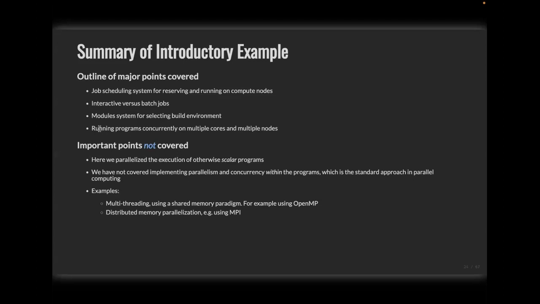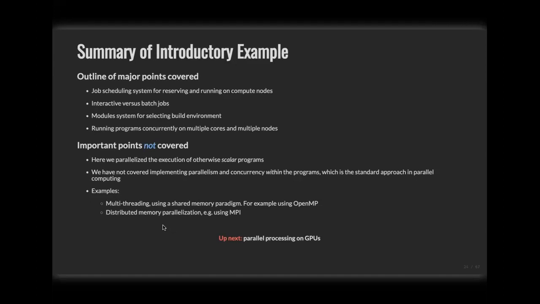So I just want to emphasize that this is the first step. If this is the first time you're using a system which has parallel capabilities, then what we did today is a good first step. But what you really want to do is to program the parallelism in the C code or whatever code, Python code, okay? All right. So ways to do that are the ways that I have here.